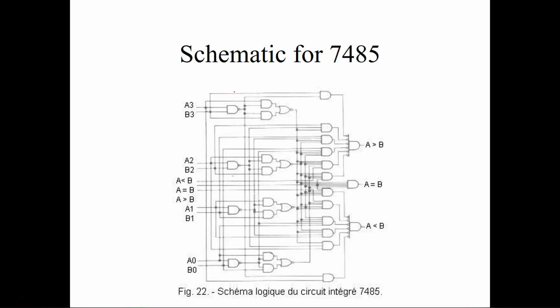And this is the internal schematic for this. So you have A3 and B3 that are tied to what kind of gate?